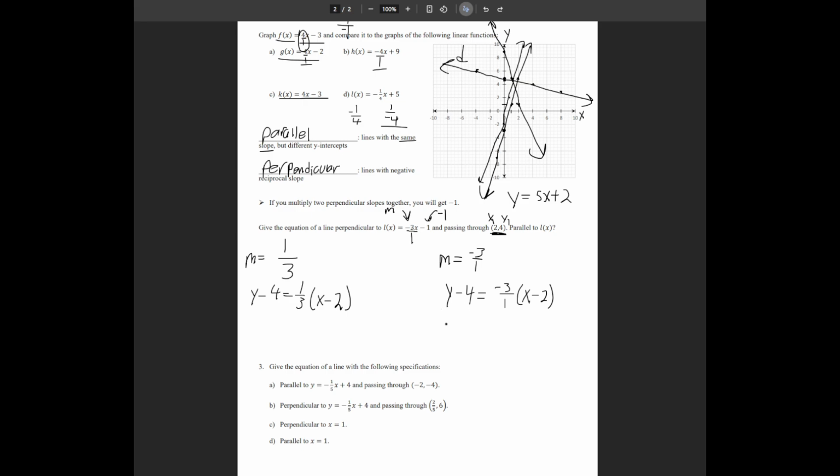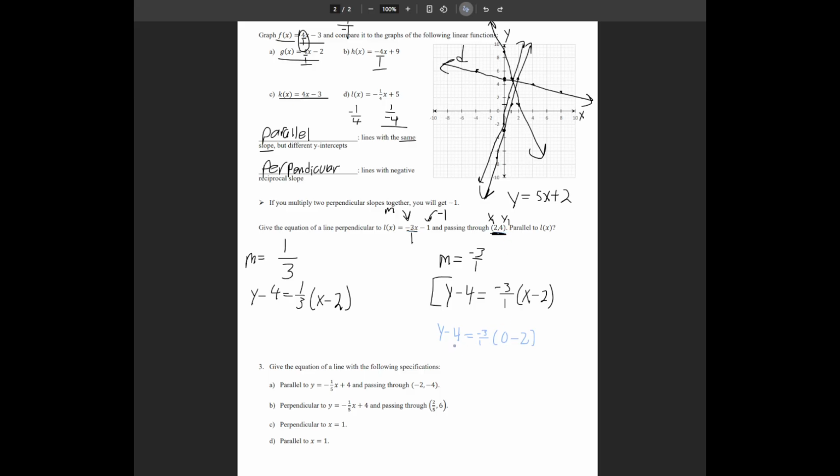So this is our equation right here, we'll just check. y minus 4 equals -3/1 times x minus 2. Or sorry, now we're plugging in 0 for x, so 0 minus 2. We just want to see if this gives us the same y-intercept. If it doesn't, we're good. These are parallel lines, they are different. If it does, then there's no way to solve this problem, as this original line is going through this point.